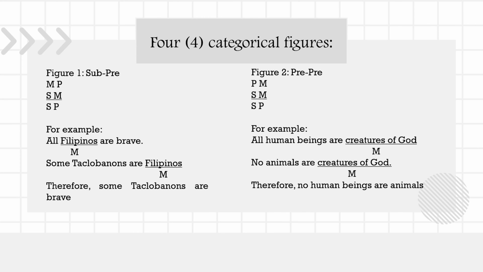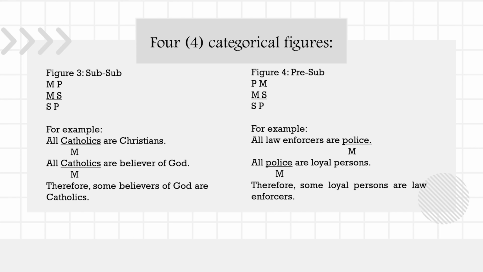In Figure 3, it represents a sub-sub syllogism, wherein the middle term connects both premises to reach a conclusion. In the given example, it is stated that all Catholics are Christians and all Catholics are believers in God. This syllogism follows the principle of categorical logic and results in the conclusion that some believers in God are Catholics.